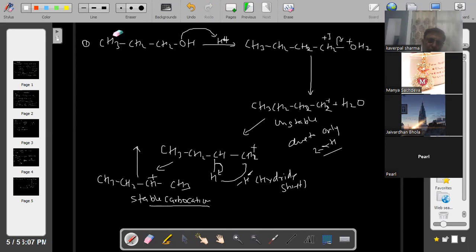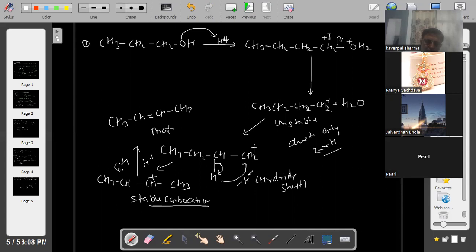Now I am going to modify this part also. This H will give electrons, and you will get CH3CH=CHCH3.